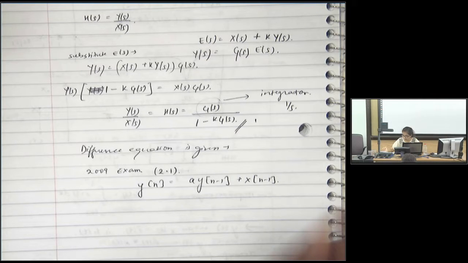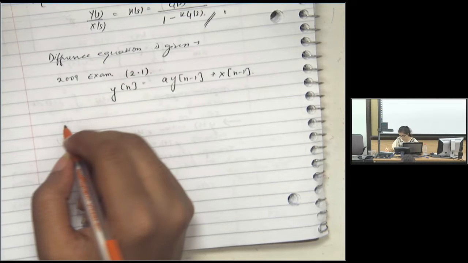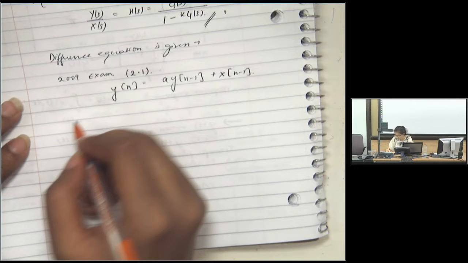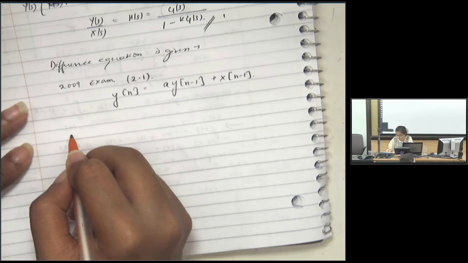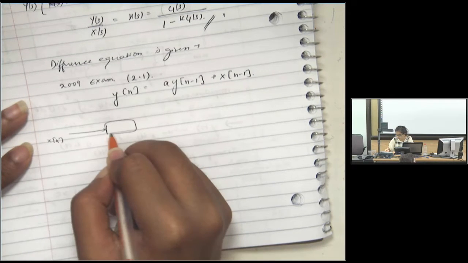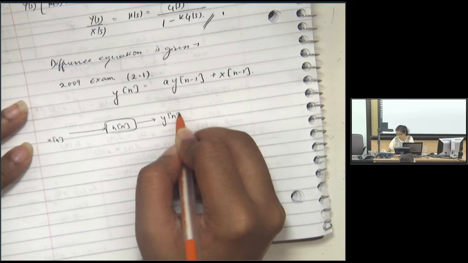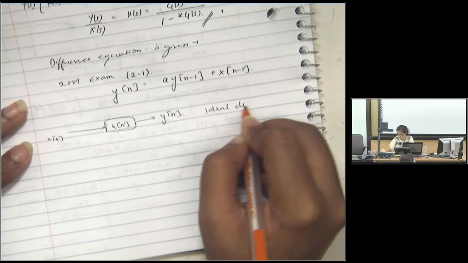Remember that last time in the session, we had done an ideal delay system in the z domain. My input was x of n, my system was h of n, my output was y of n, and this is an ideal delay.